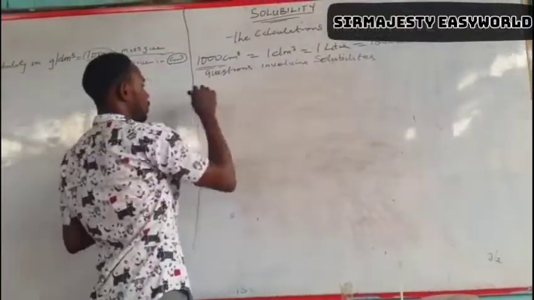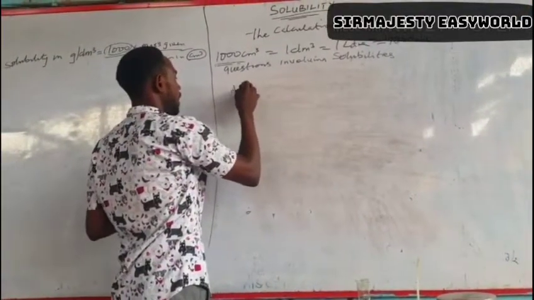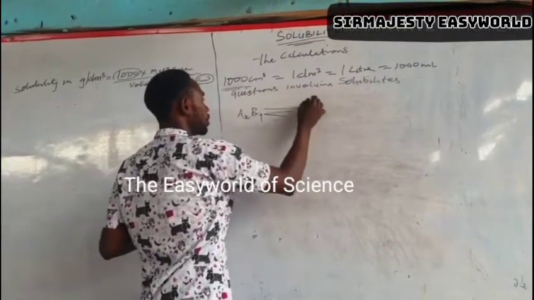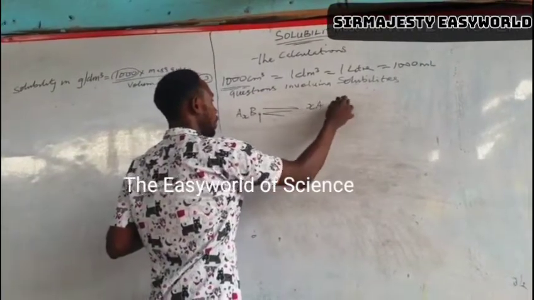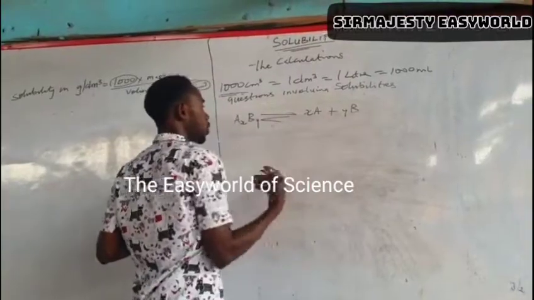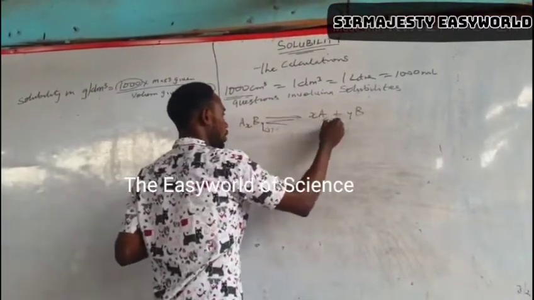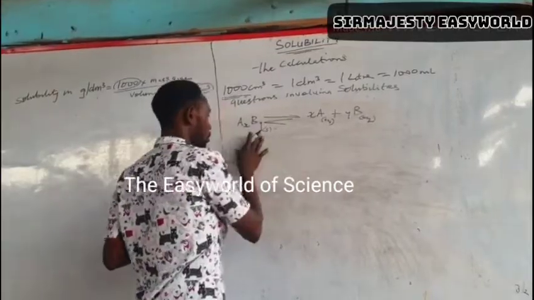So the solubility product, let's assume we have AxBy, that is at equilibrium with its solution, which gives us xA plus yB. The solubility product, assuming now that this is undissolved, of course, and this is aqueous.